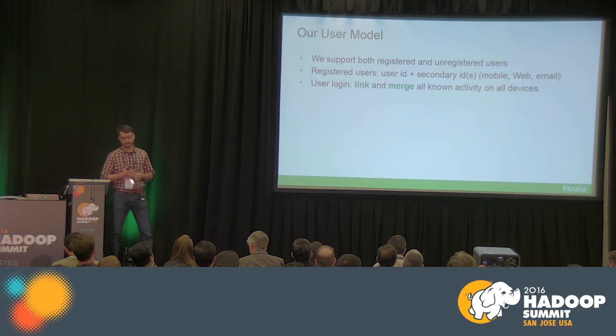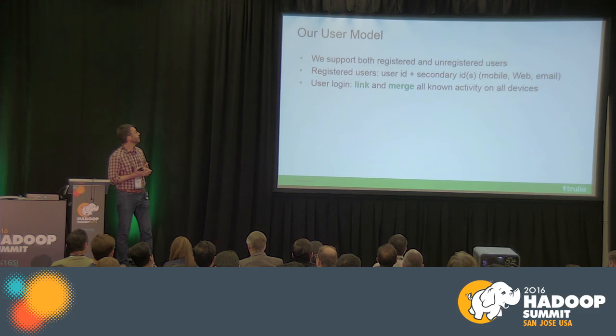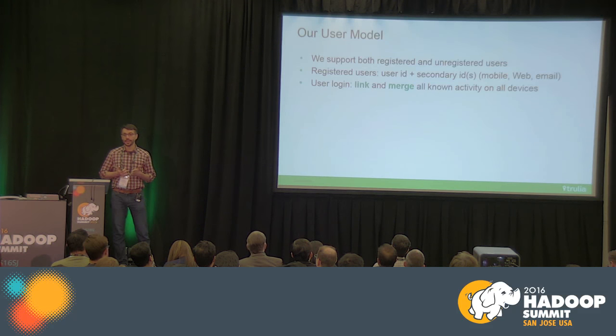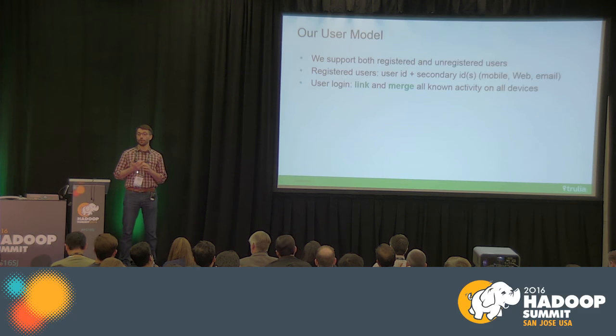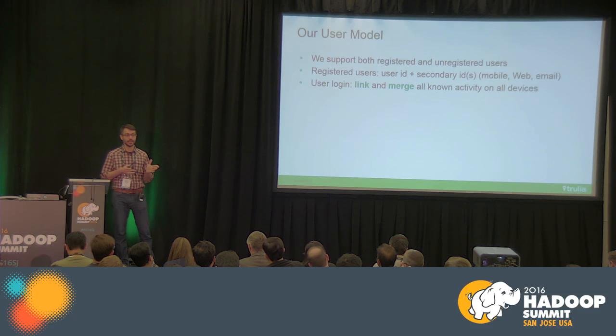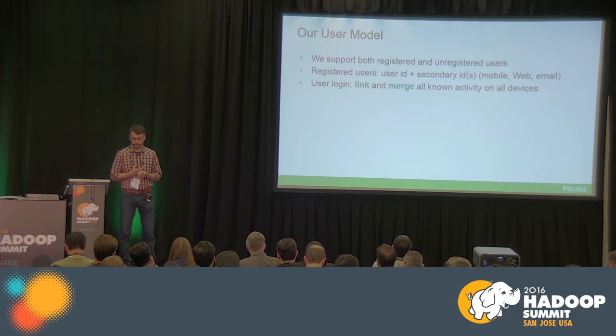So before I explain to you how we designed a real-time layer and why it's so complicated for us, let me explain our user model. As Hadoop mentioned, we support both registered and unregistered users. So no matter if you come to our site as a logged-in user or not, we will create a user trait for you.